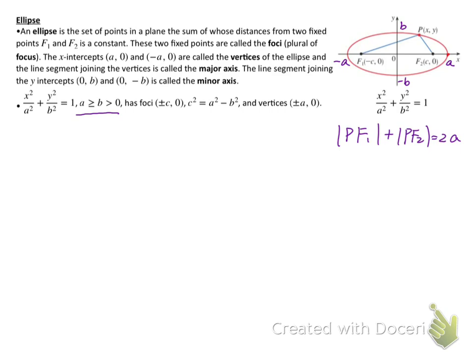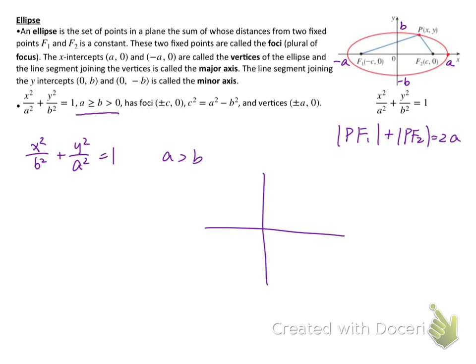So what I'm saying is, if a is less than b, well, we don't really write it that way, but if the denominator of y squared is the higher number, then the major and minor axes will switch, because the denominator of x always contributes to the x-intercepts, and the denominator of y always contributes to the y-intercepts.